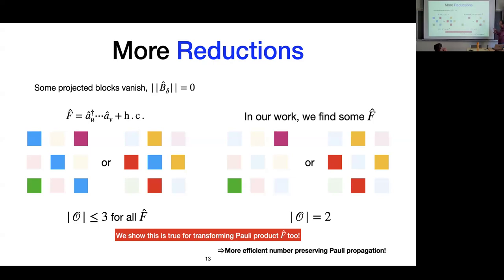The transformations apply for any transformed operator. In the case of fermionic and Pauli product operators, they're simpler. And in particular, if you retain Pauli products, it's nice because there's no normal ordering to deal with. Okay, so the operators don't grow. It's easier to deal with, computationally. So that's the benefit of going to Pauli.